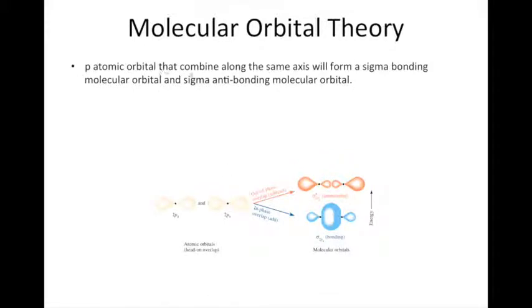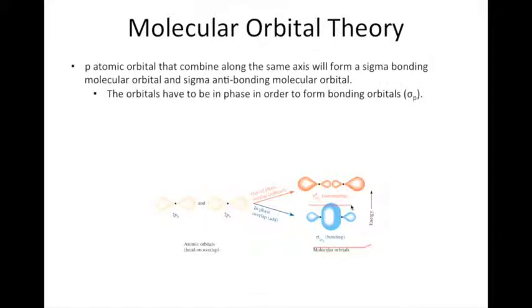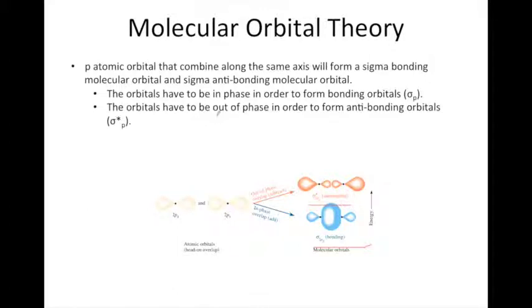As we said, p atomic orbitals can combine along the same axis, head on, and when they form head on, they form sigma, representing that they are meeting head on: sigma 2p bonding and sigma star 2p antibonding. And of course, for the sigma bonding, they meet in phase. For the sigma star 2p, the star represents that they meet out of phase.